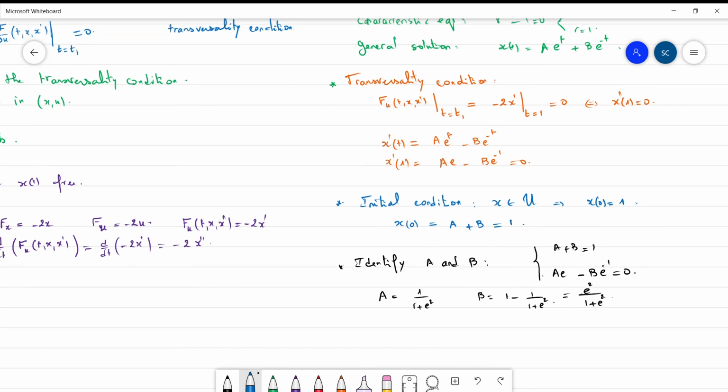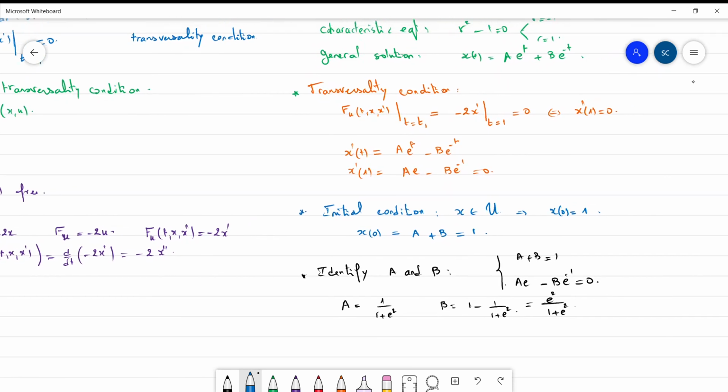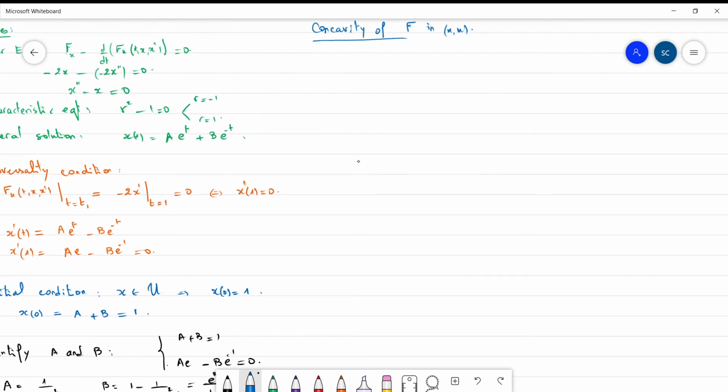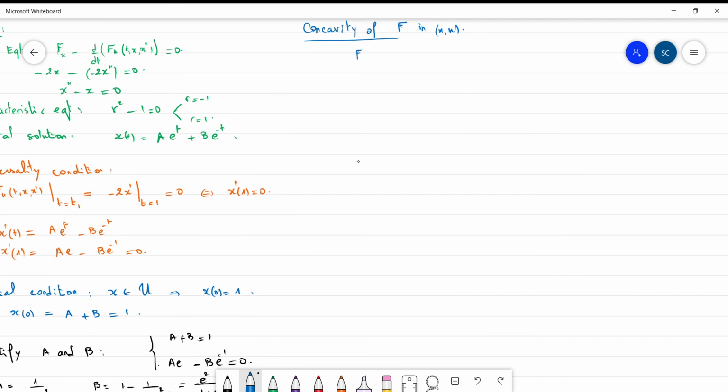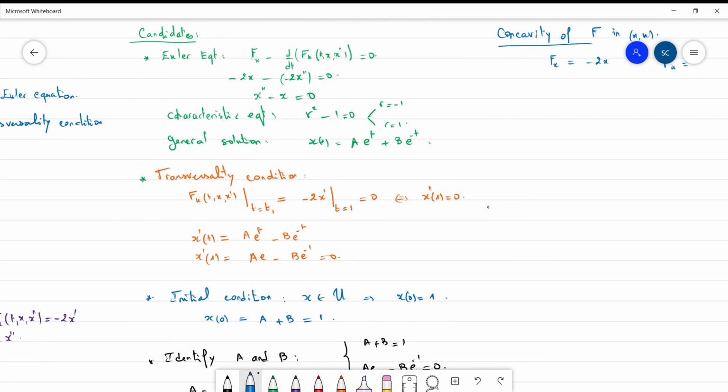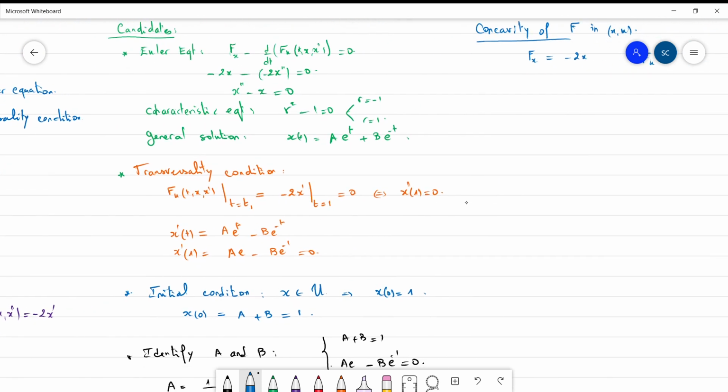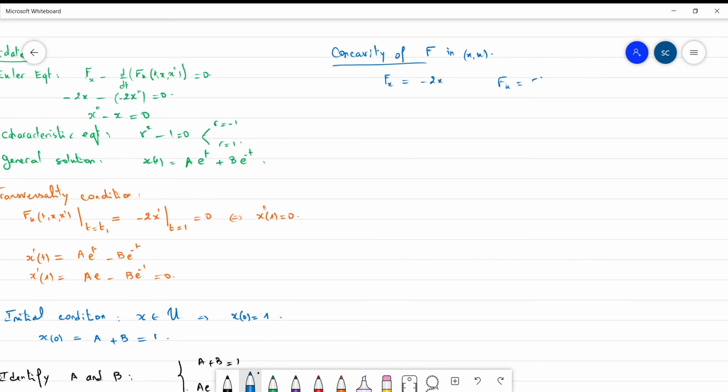We have fx and fu. fx is minus 2x and fu is minus 2u, so that I can compute the Hessian of f as a function in (x, u).